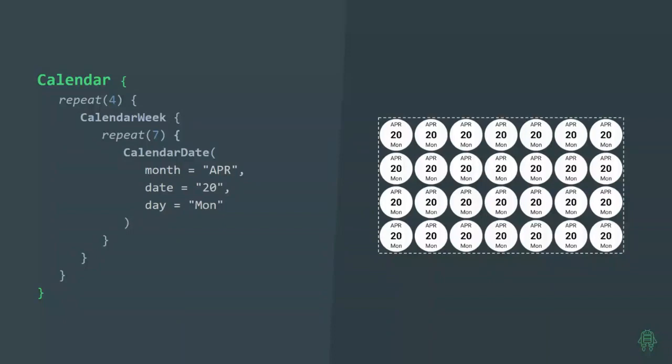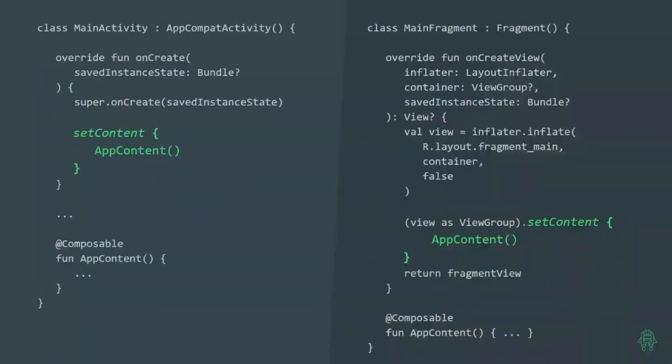So right now we discussed a bit how we can create a composable function. But of course, composable functions should be connected with an activity, because activity is the main entry point of the application. We can just attach to an activity or to a fragment, and here you can see basic samples of how we can attach it.